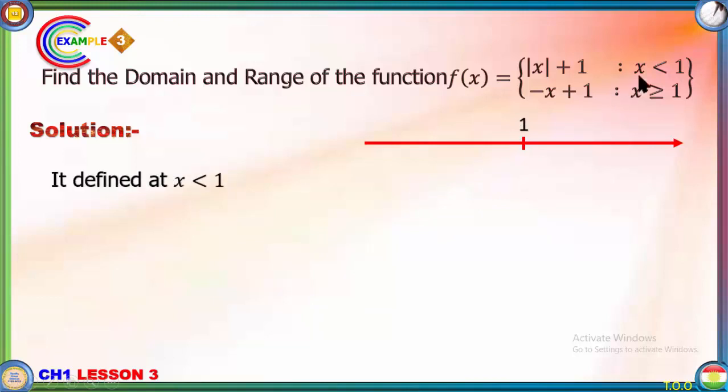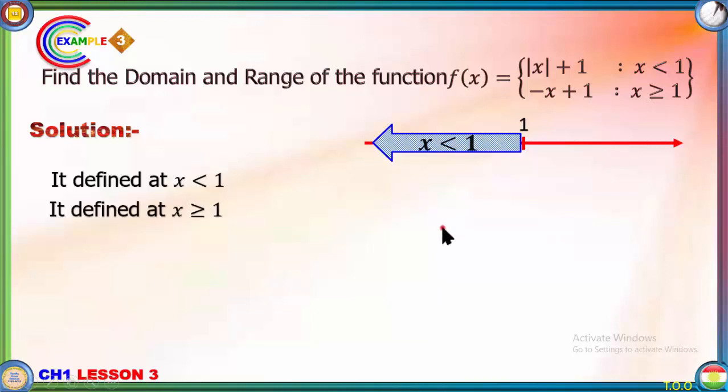The first part is absolute value of x plus 1, defined when x is less than 1, and the second part is minus x plus 1, defined when x is bigger than or equal to 1.